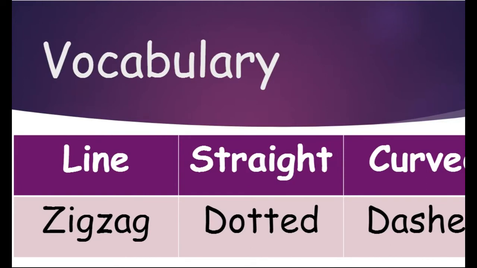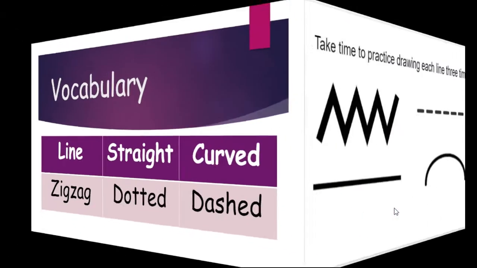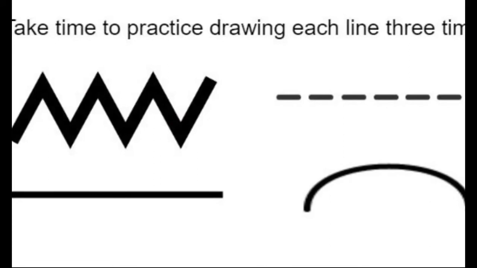Now, here's our vocabulary. Of course, we're using line. We're going to use straight line, curved lines, zigzag lines, dotted lines, and dashed lines. Here is a perfect example of those lines. Do you see the zigzag line? Do you see the dashed line? What about the straight and curved lines? That's right, boys and girls.